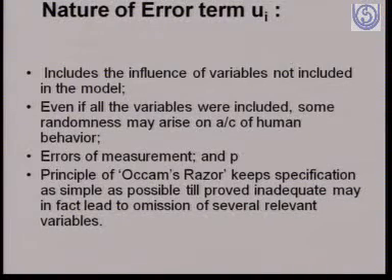After all, human behavior is not always according to a set of rules and regulations. Some kind of human judgment, human errors will also be present there. Then come errors of measurement. Whatever variables we are considering, some errors of measurement will always be present, however precise we try to be.